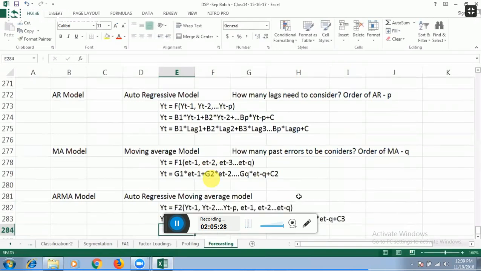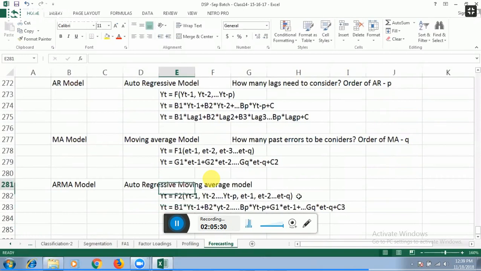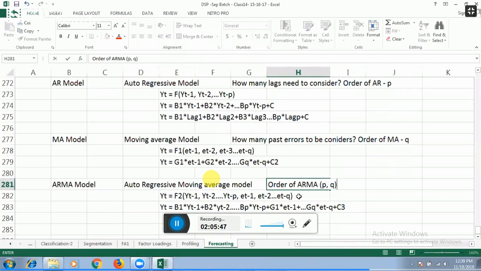So it's p terms and q errors we need to find out. So in this case, for the order of the ARMA model, you need to know p and q values. Does that make sense? So this is what we call the autoregressive moving average model.